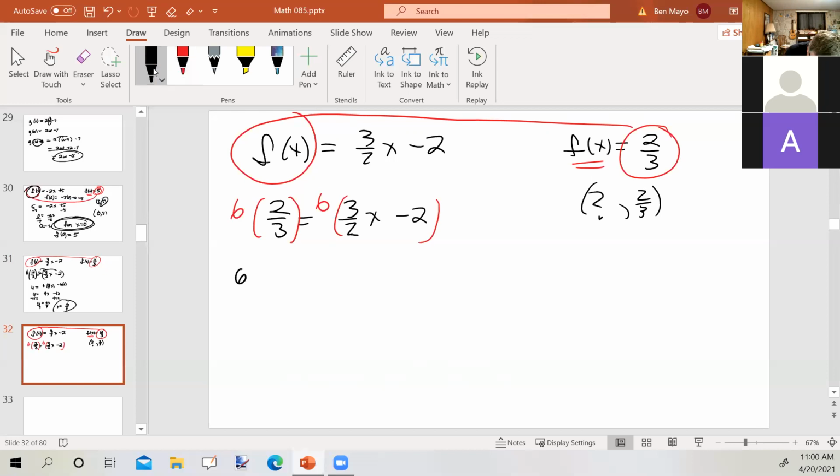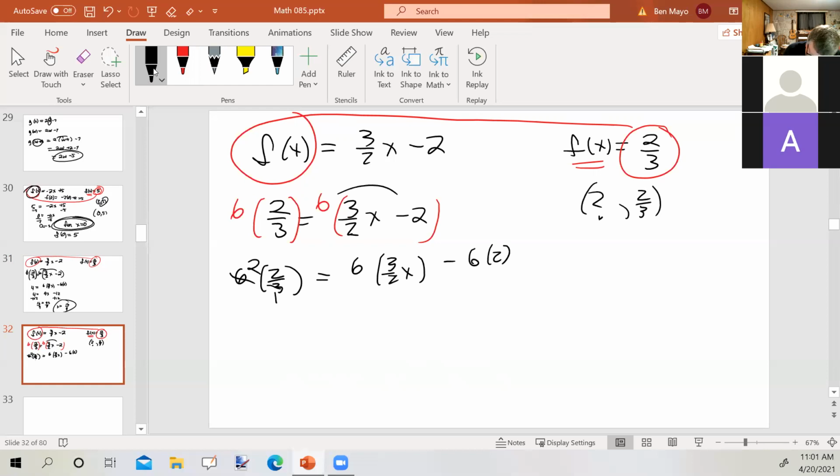So I'm going to get 6 times 2/3 equals 6 times 3/2 x minus 6 times 2. So that's distributing the 6. All right there. Yeah.